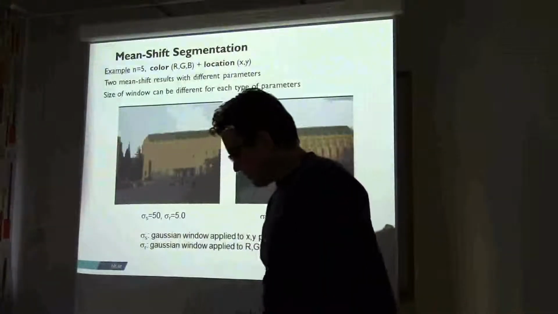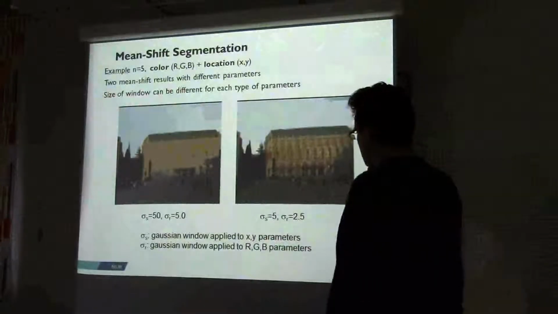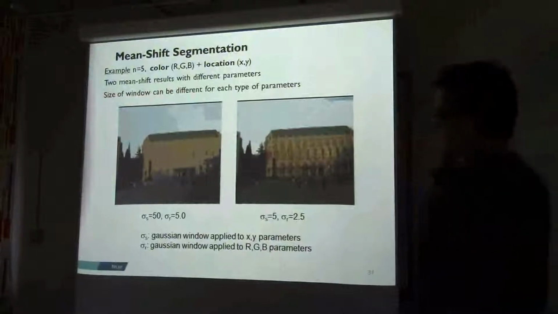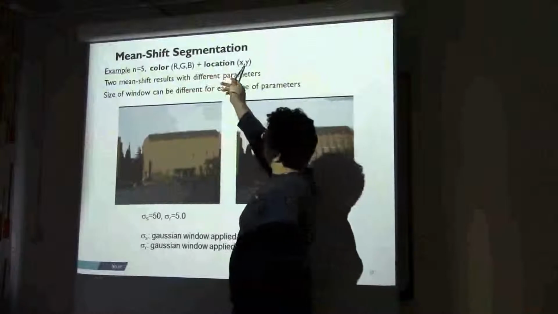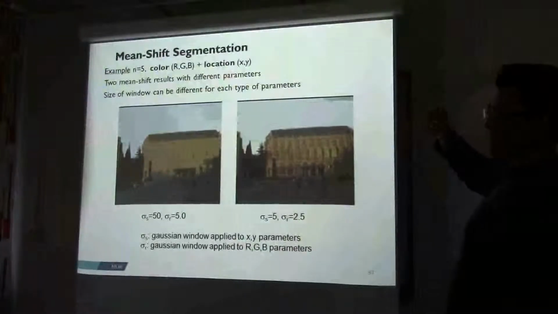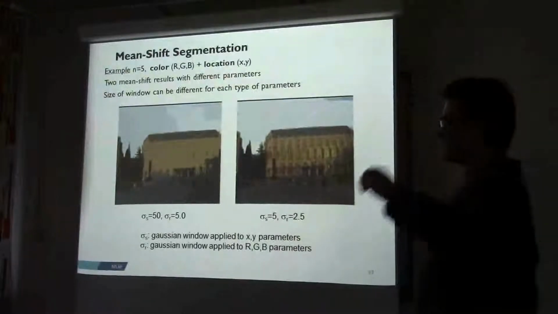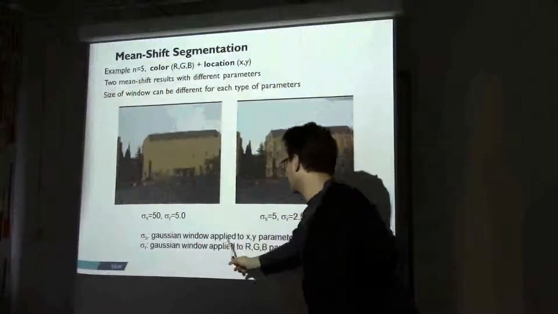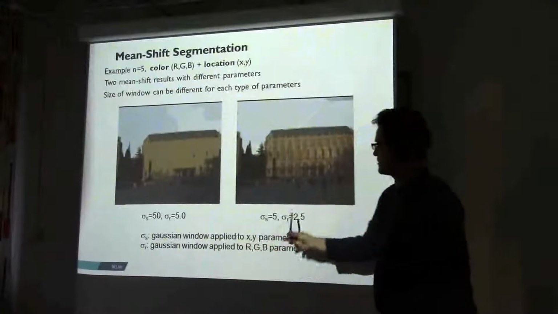And this is one example of using different window sizes. Of course, you can also have different sizes for different parameters. You have color parameters in your image and location parameters, so you have a 5-dimensional histogram. You have a window in this histogram with whichever shape in a 5-dimensional space. And you have applied different sizes of the window to, in this case, X and Y and RGB.